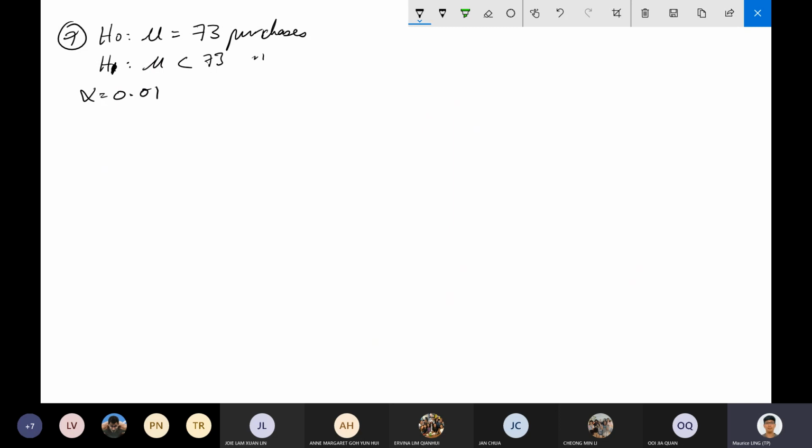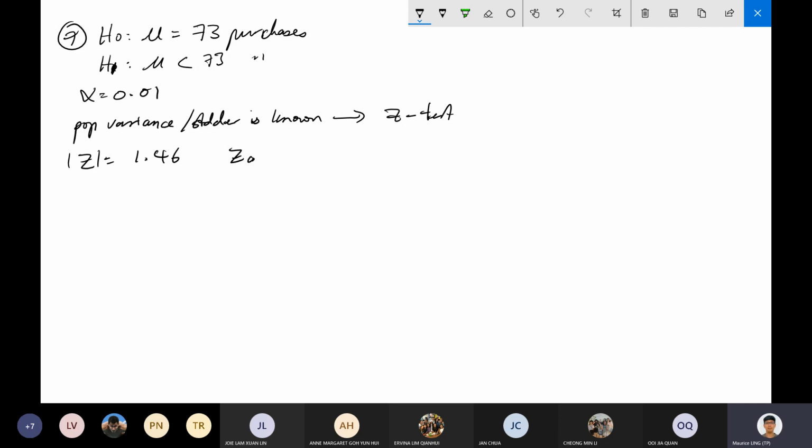Then, do you use a Z-test or a T-test? Z-test. Why do you use a Z-test? Because the population variance or population standard deviation is known, therefore you use a Z-test. So you calculate your Z statistic, the absolute Z statistic will be 1.46.